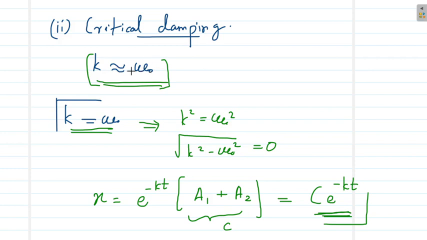Now k approximately equal to omega 0 implies they are not exactly equal, but they are very close to each other. That means if you find k square minus omega 0 square, it is not 0, but it is a very small quantity which we call h square. H is something like 0.01 or 0.001, so that we can say k and omega 0 are close to each other.